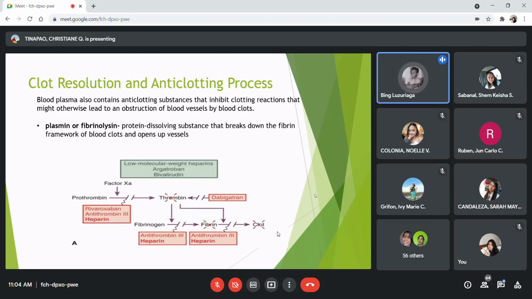There will be platelet plug formation, so the hole in your blood vessel wall is plugged because of the platelet accumulation. That is the first step, platelet plug formation.